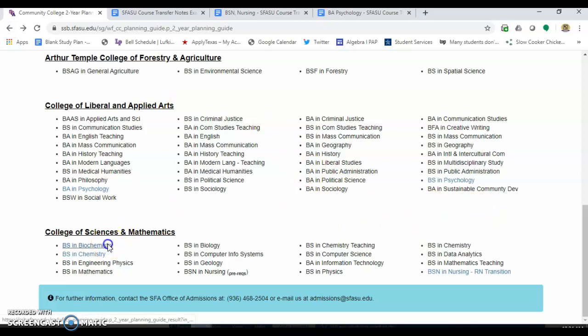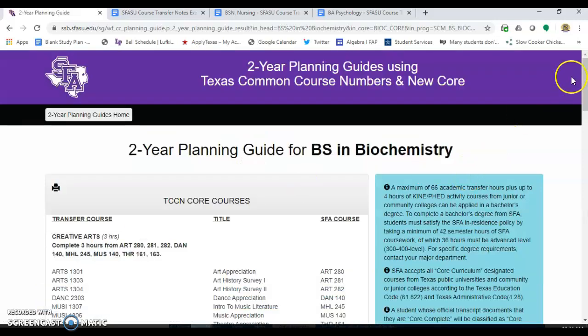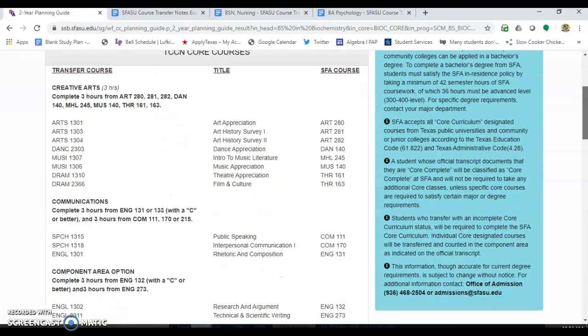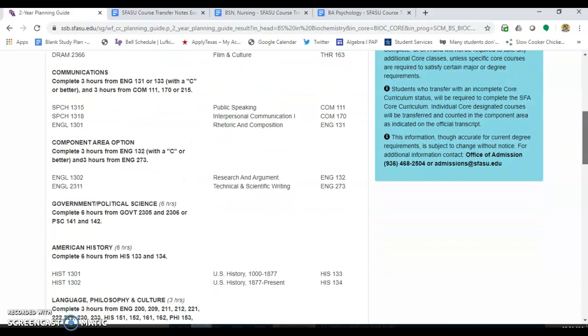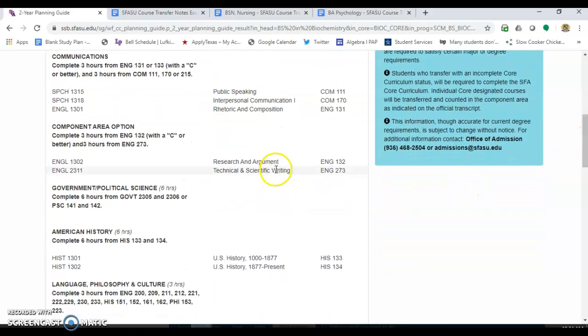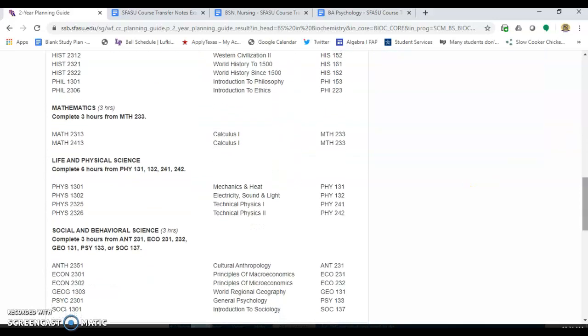And you can look at all sorts of things, like here's a BS in biochemistry. Some of it's going to be really similar, and then you see, okay, the writing will be different. The writing courses that you have to take are different under the component area. We're going to have to take calculus, which is not a math class that we offer dual credit, but we do offer it AP, and that would be a wonderful option.